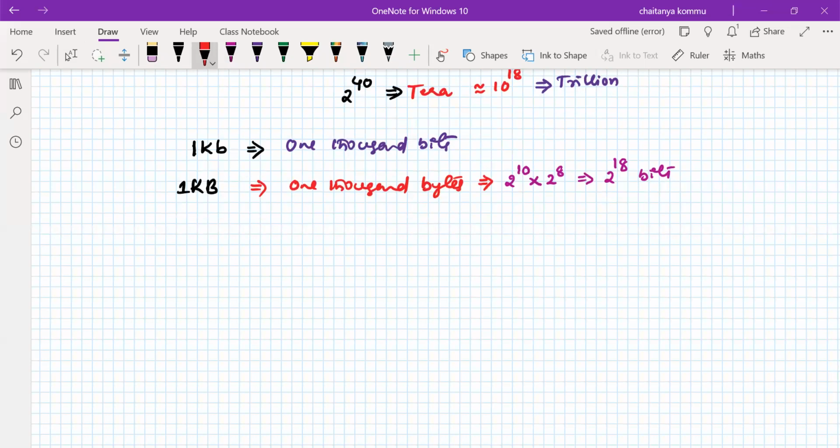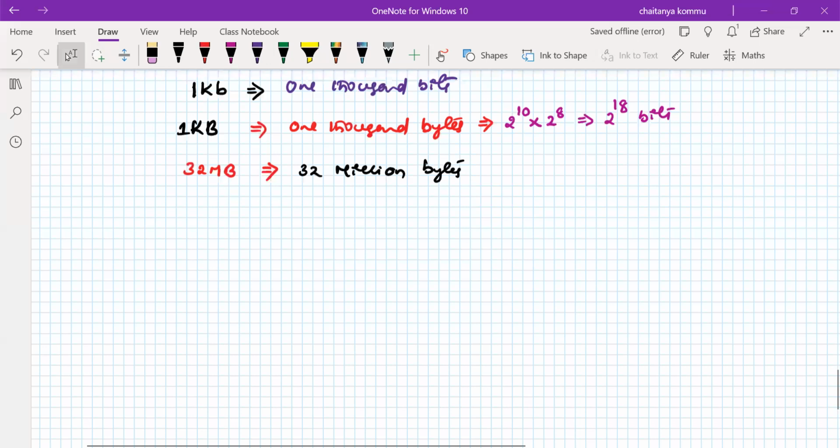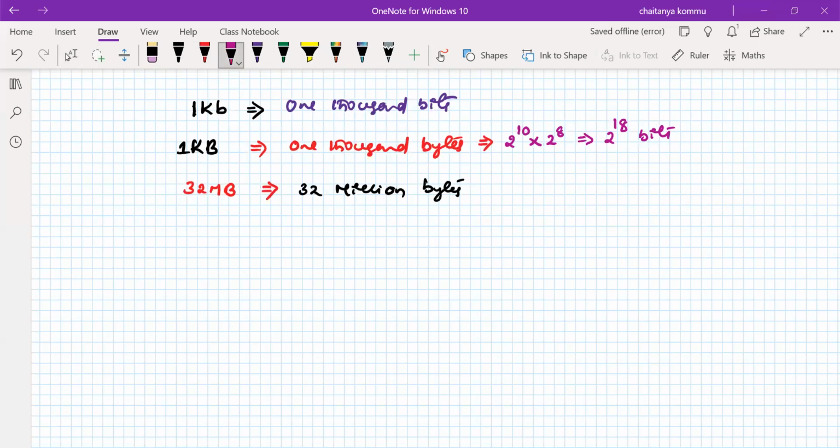Okay, for example, 32 MB. What does it mean? 32 million bytes. So now we are talking about 32 GB.